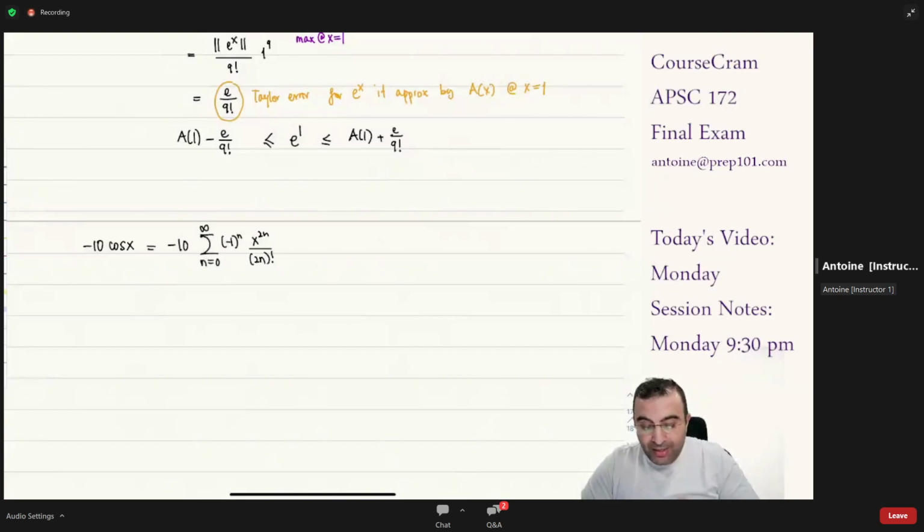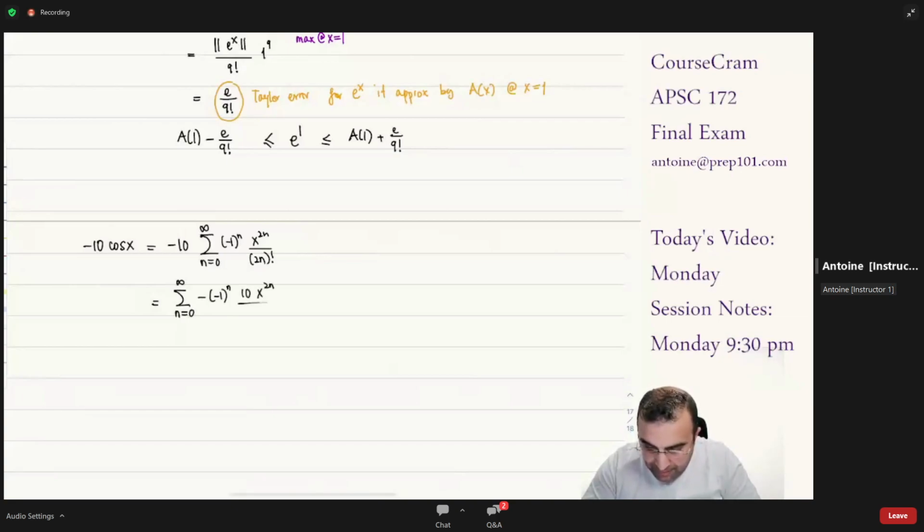So this would be the summation from n equals 0 to infinity of minus 1 to the n, 10 times x to the 2n over 2n factorial.